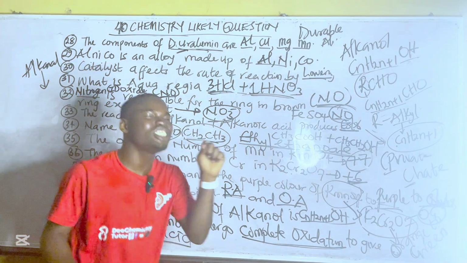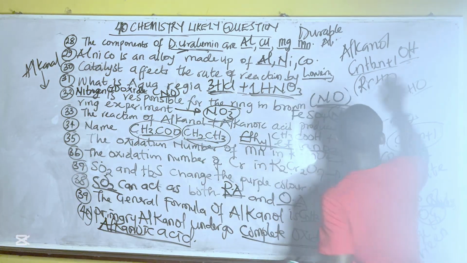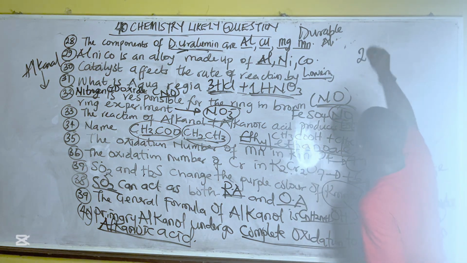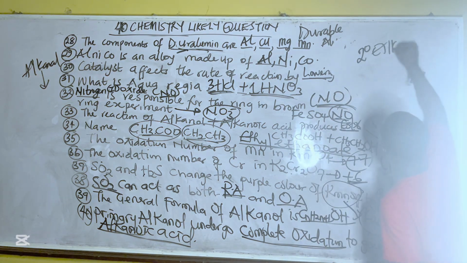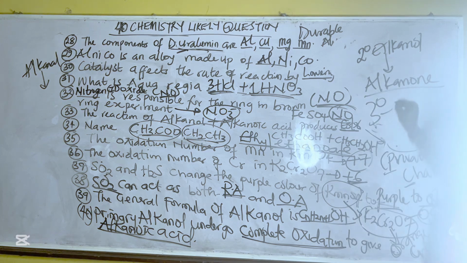If it is secondary alkanol, the only product it is going to give is alkanone. But tertiary alkanol gives no product. You must know this.